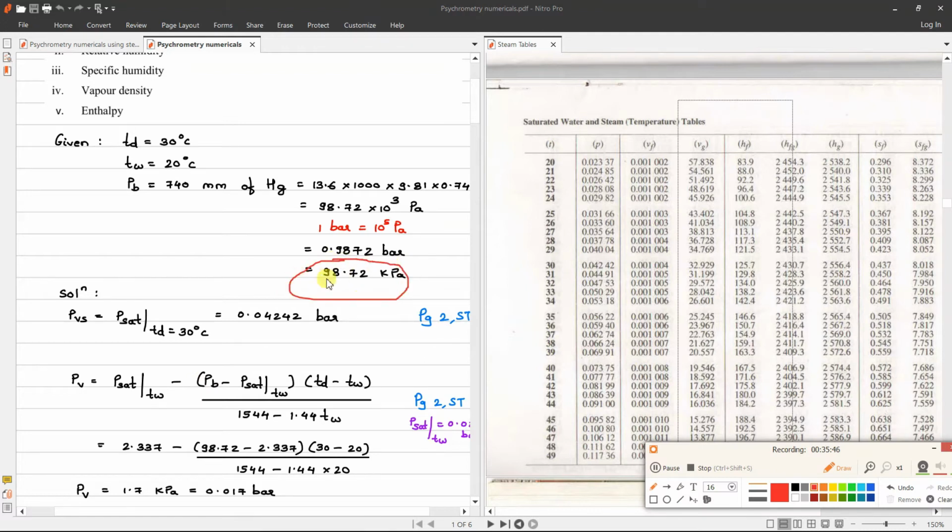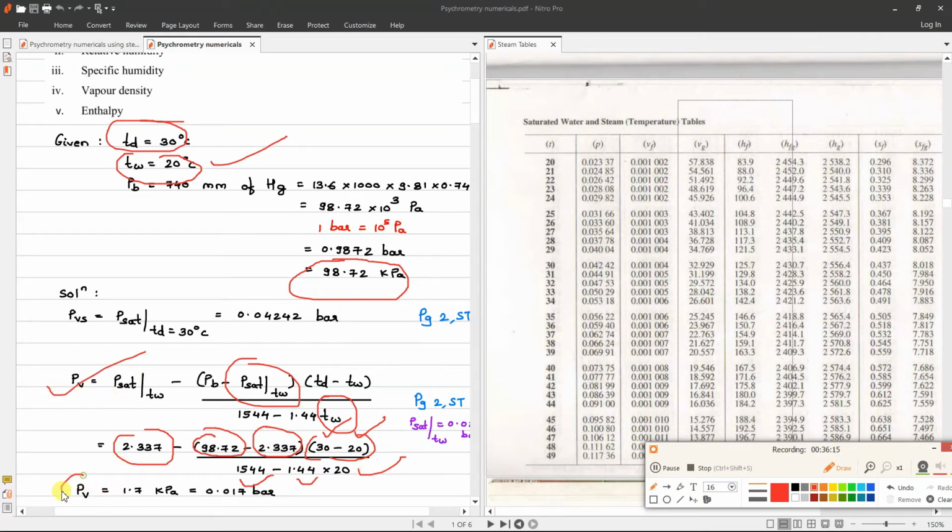They have calculated over here, 98.72 minus PSAT at TW, 2.337, again in bracket dry bulb temperature, which is 30, minus wet bulb temperature, which is 20, divided by 1544 minus 1.44 into wet bulb temperature. Wet bulb temperature is 20 degrees Celsius. Substitute the values in this equation.